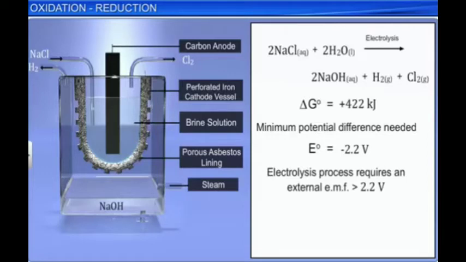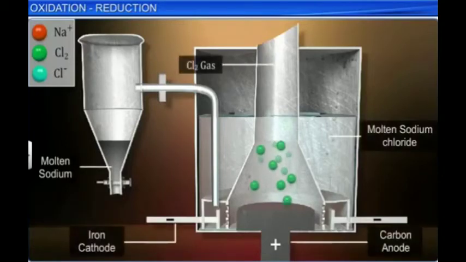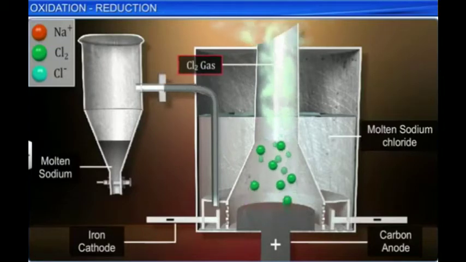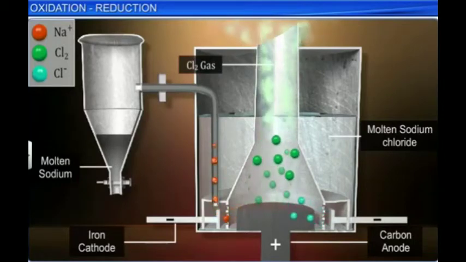Chlorine gas is liberated at the anode, and hydrogen and sodium hydroxide are byproducts. The electrolysis of molten NaCl also produces chlorine gas at the anode, and sodium metal is deposited at the cathode. So, as you can see from the diagram, from one simple method we can get many kinds of chemicals.